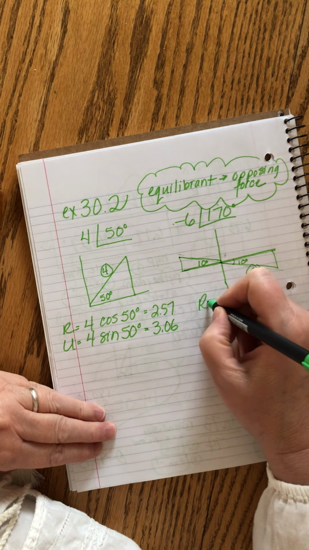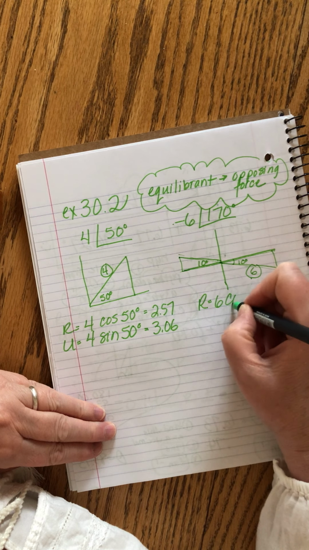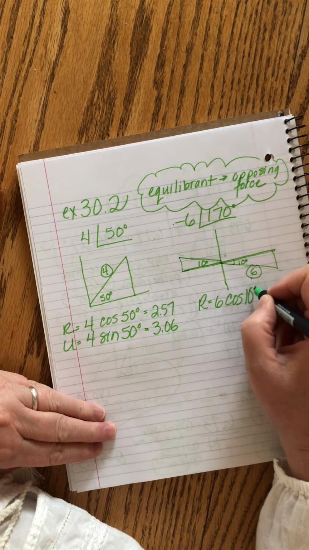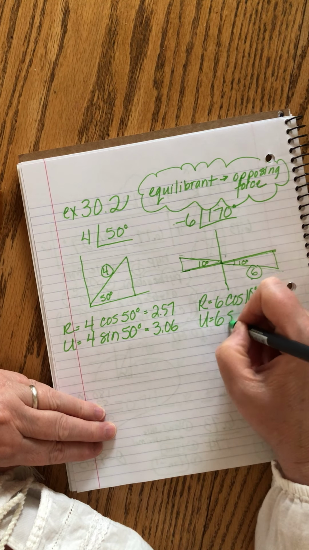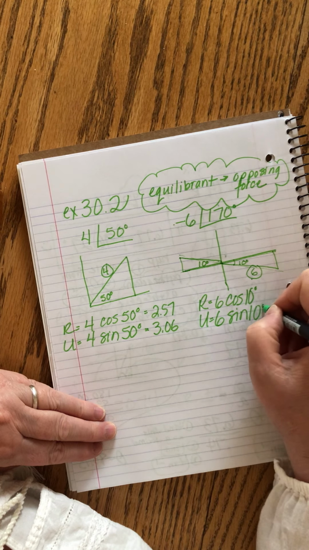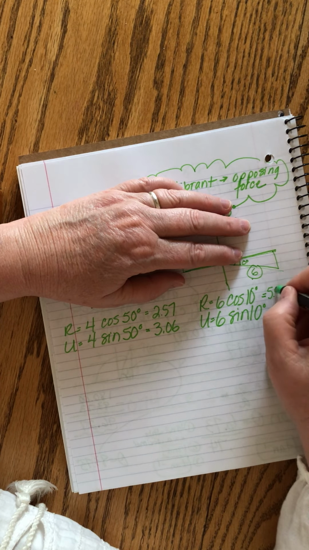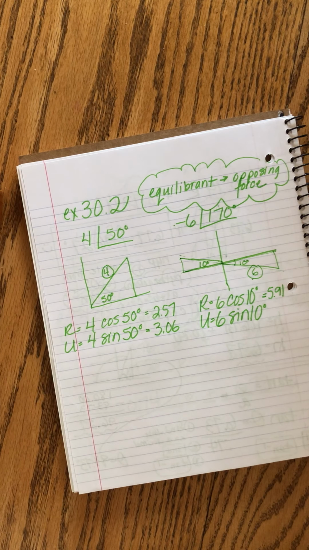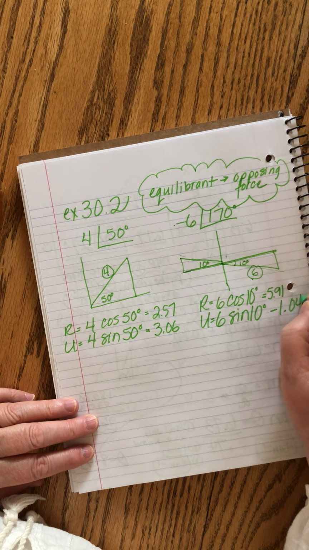The right value is 6 times the cosine of 10 degrees, and this is 6 times the sine of 10 degrees. This is 5.91, and this is minus 1.04.